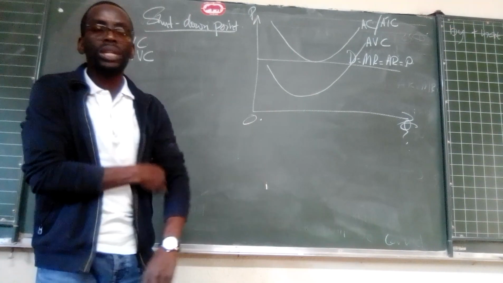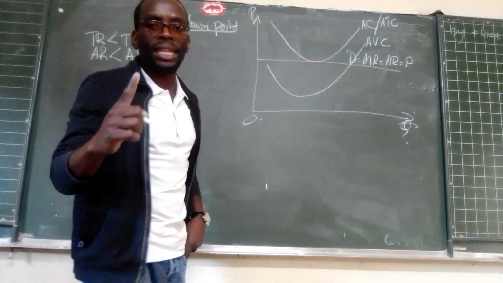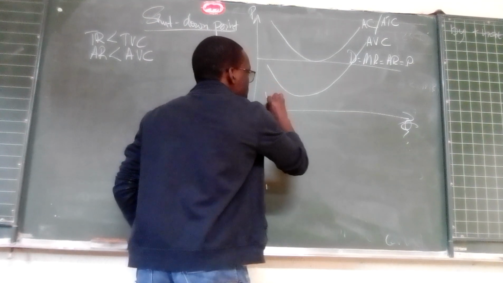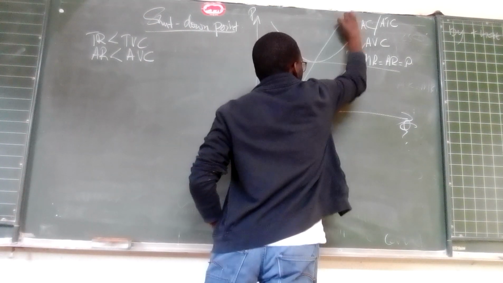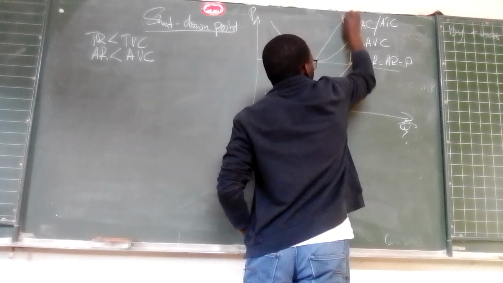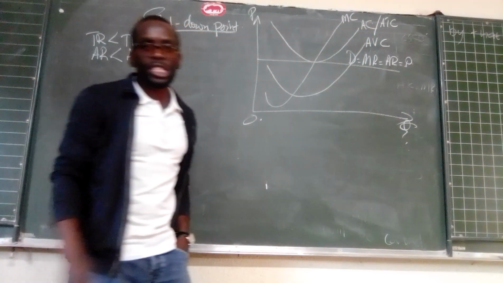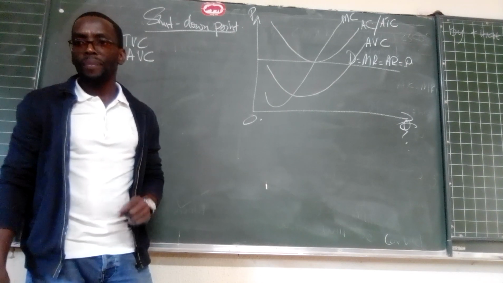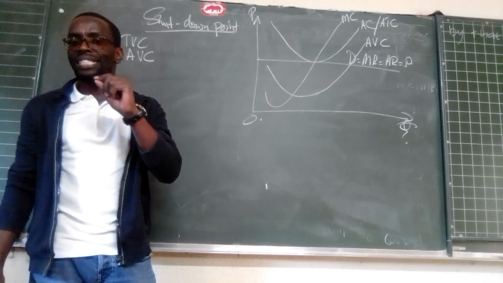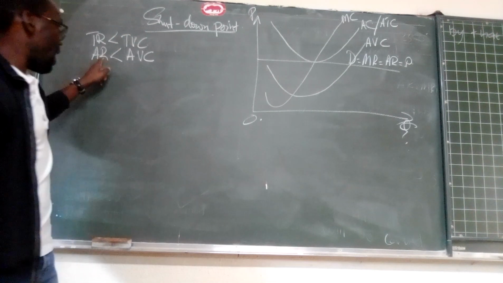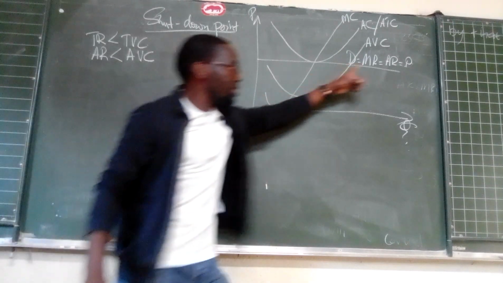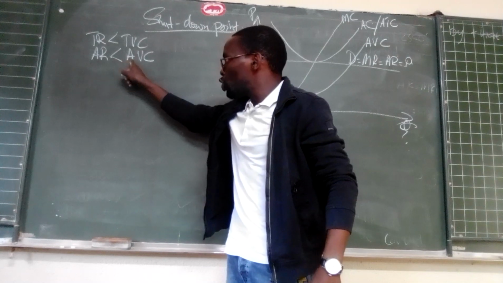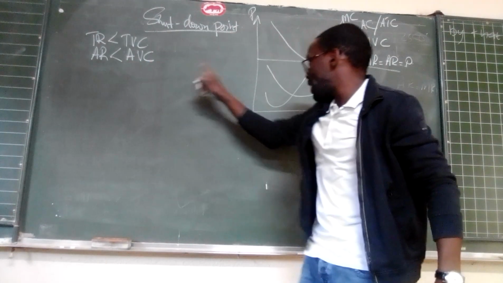And then you would also need to remember we need our marginal cost, which comes in as a tick. That's our marginal cost. Now the thing that we need to understand is a firm shuts down when its average revenue, in this case this average revenue, is not enough to cover its average variable cost.